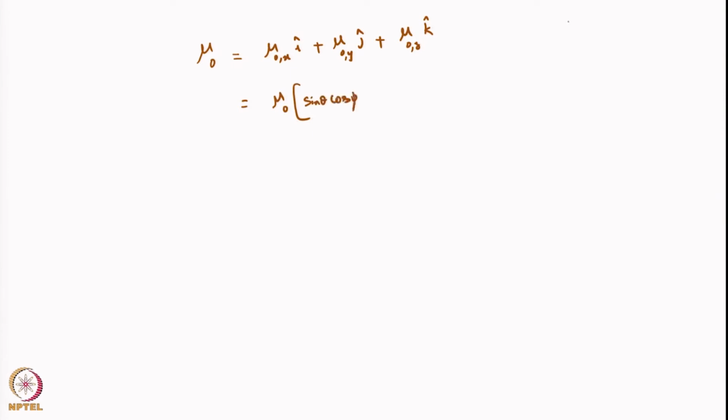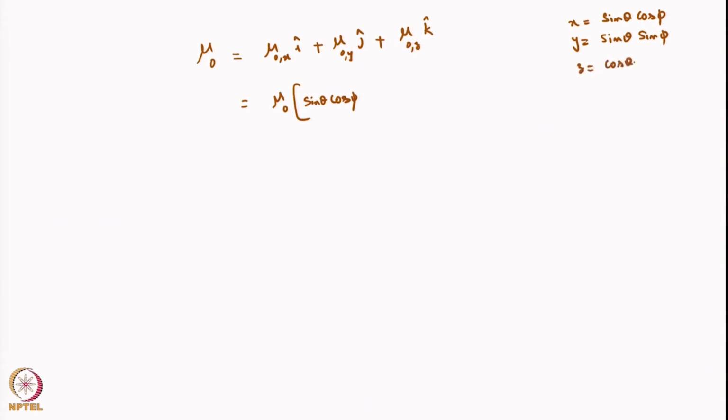In spherical polar coordinates, x is equal to sin theta cos phi, y is equal to sin theta sin phi, and z is equal to cos theta.